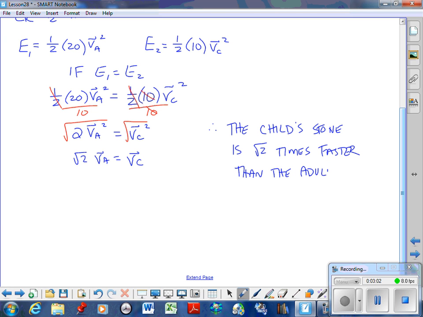All right, that coefficient out front, hey, it's the multiplier. This is how many times faster it will be compared to the adult stone. So it's the multiplier.